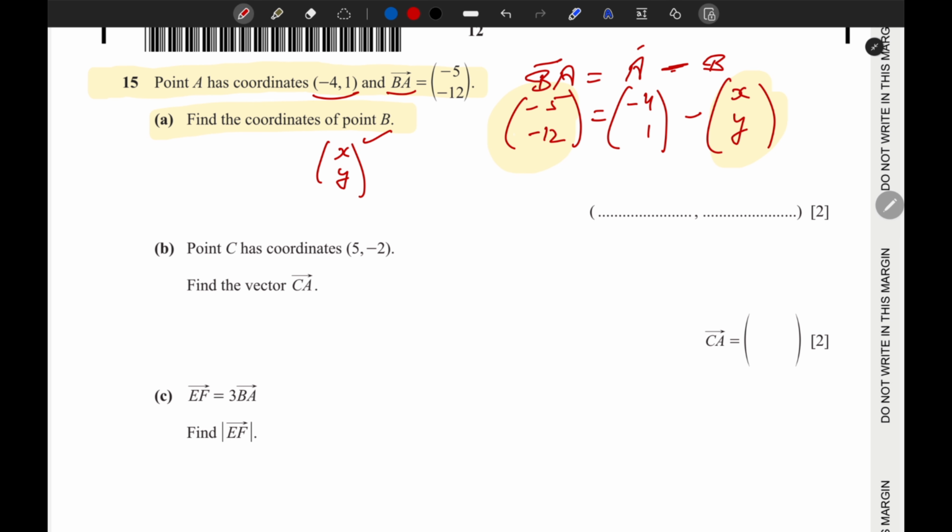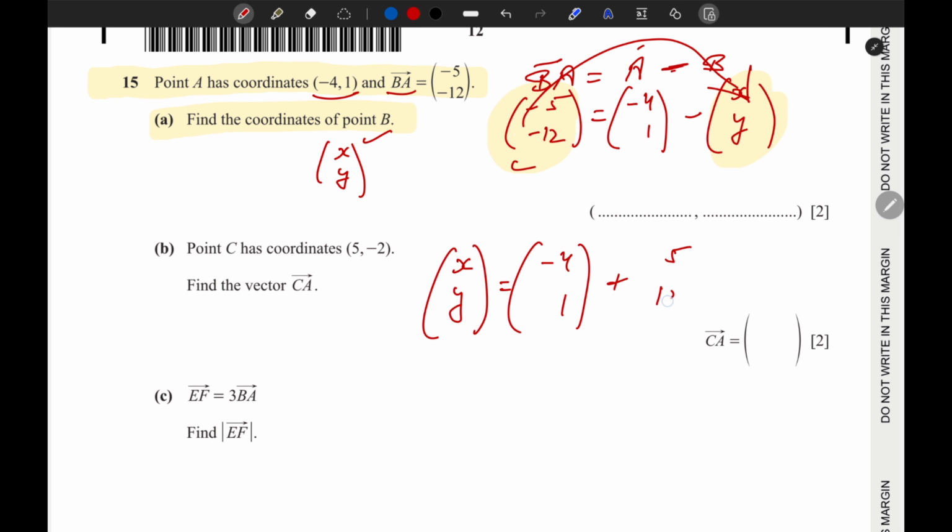So I am doing it over here. So this will become x, y, which is equal to -4, 1, and then this will be positive as it is going towards the right hand side. So this will be plus 5, 12. So -4 plus 5 is 1, 1 plus 12 is 13. So x, y is 1, 13. So that's our answer, 1, 13.